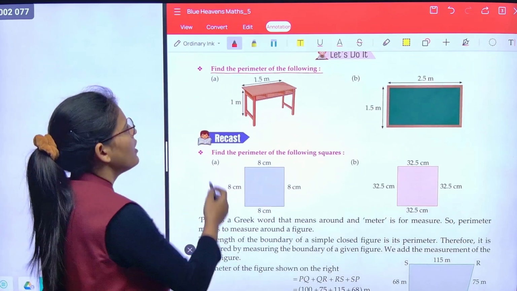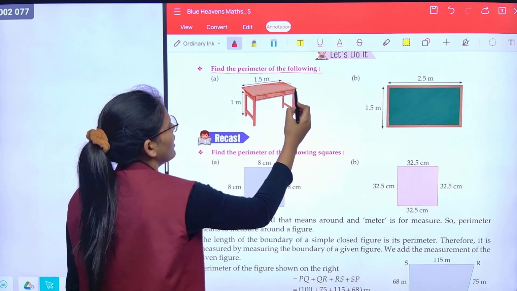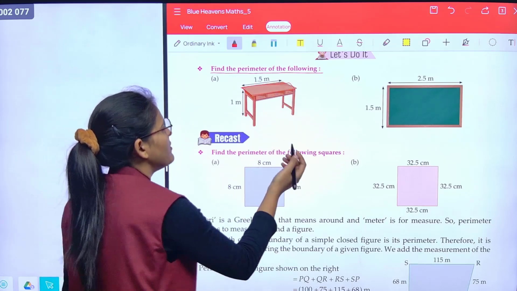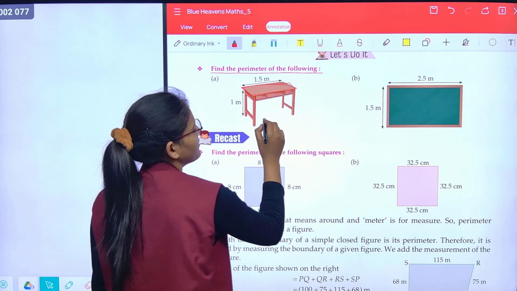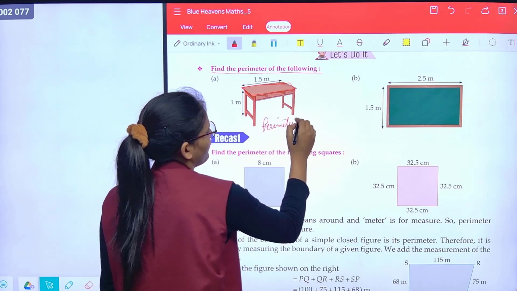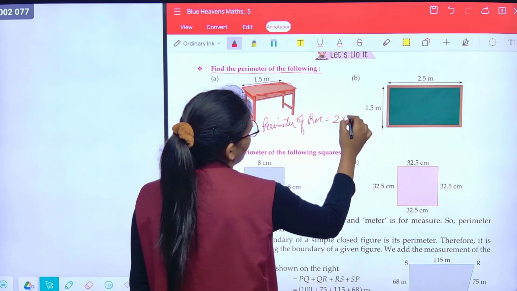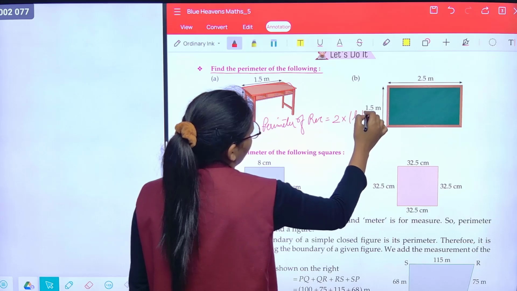Find the perimeter of the following. Class C, this is the shape of a rectangle. So perimeter of rectangle is 2 into length plus breadth.